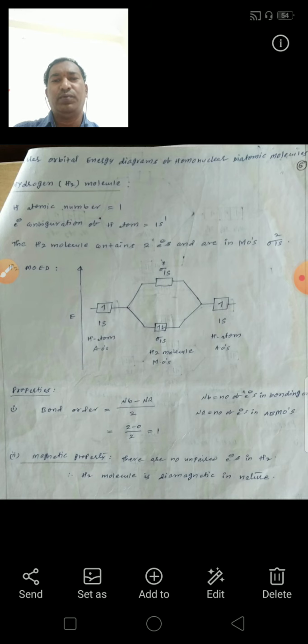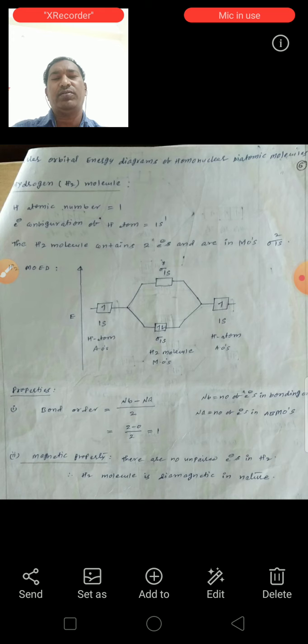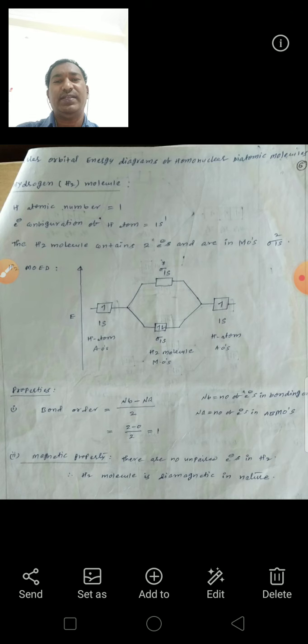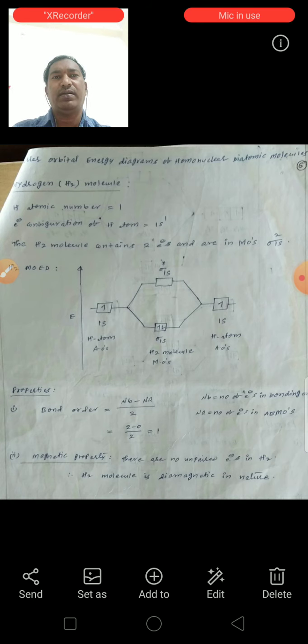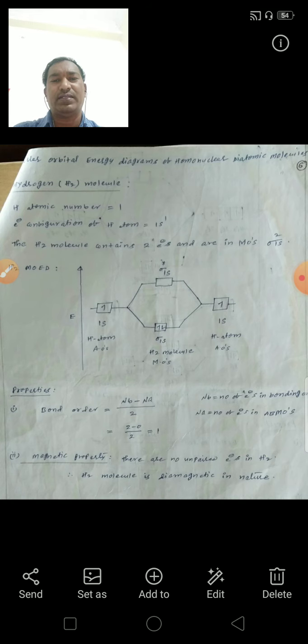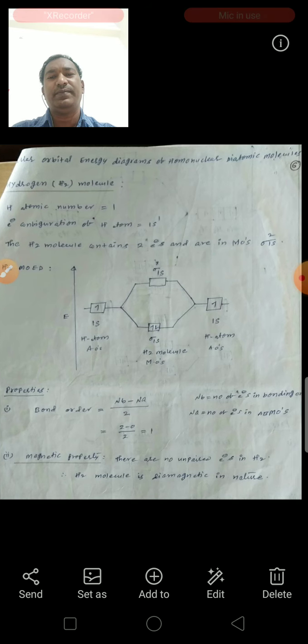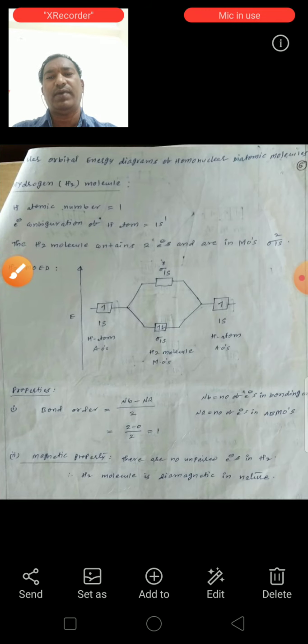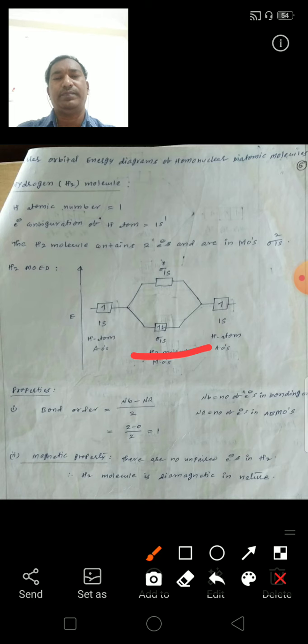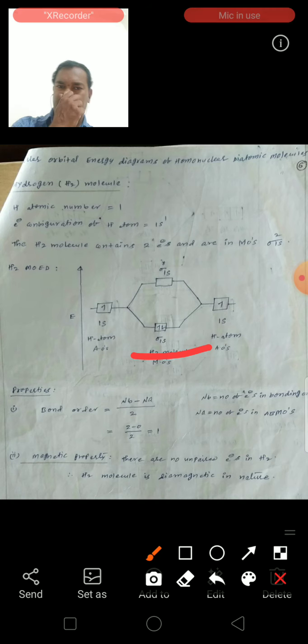Now we can fill in the 2 electrons of the hydrogen molecule from lowest energy to highest energy. Each orbital can hold 2 electrons, so these 2 electrons fill the sigma 1s orbital, and the sigma star 1s orbital is empty.